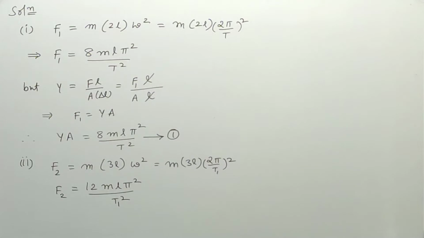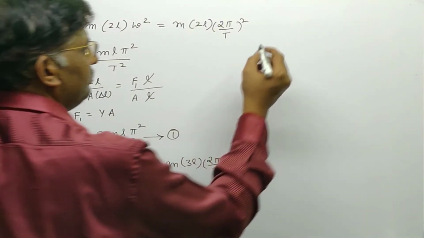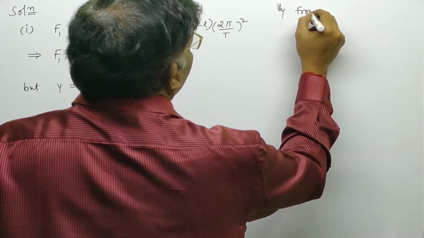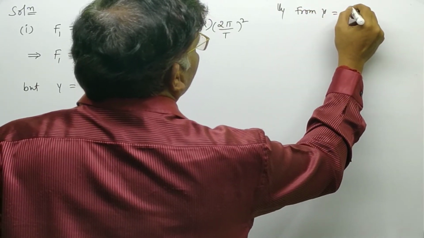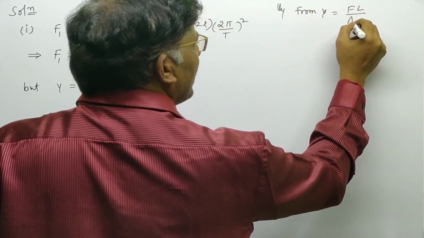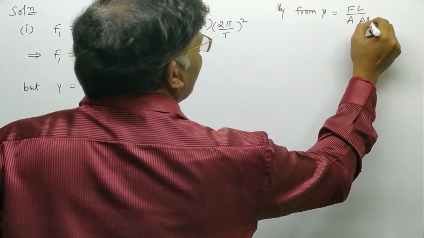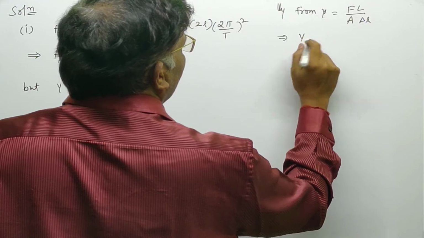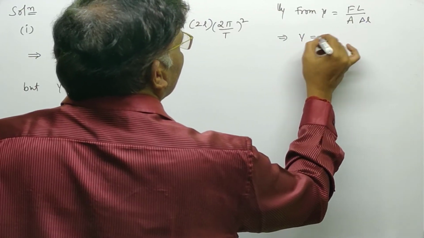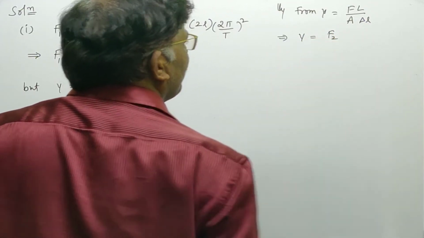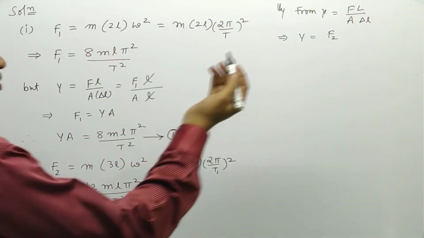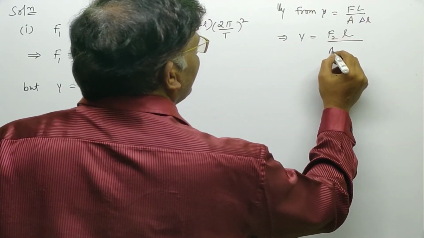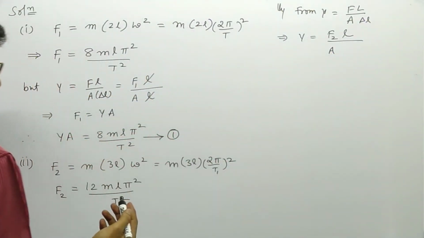Again, similarly, from Y is equal to F into L by A into delta L, in the second case, Y can be written as F, we can take it as F2, and now original length of the wire L divided by A into increase in length.